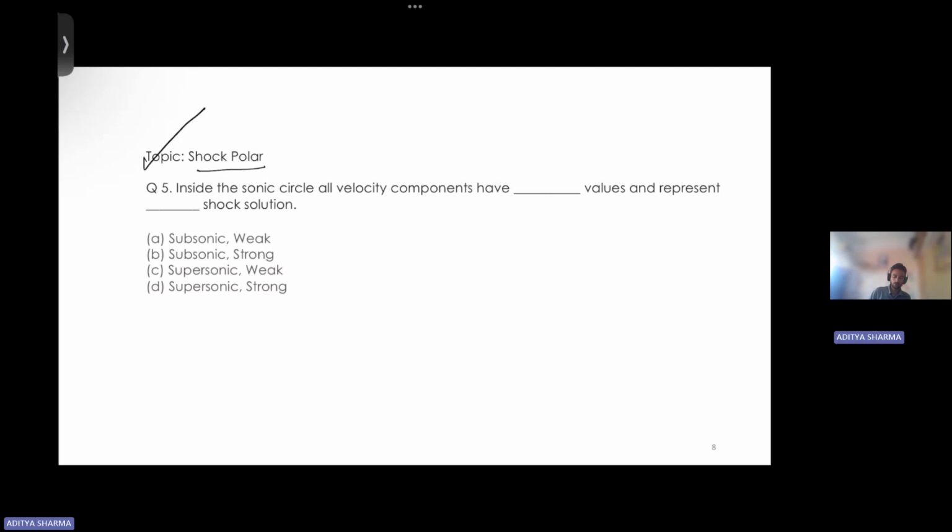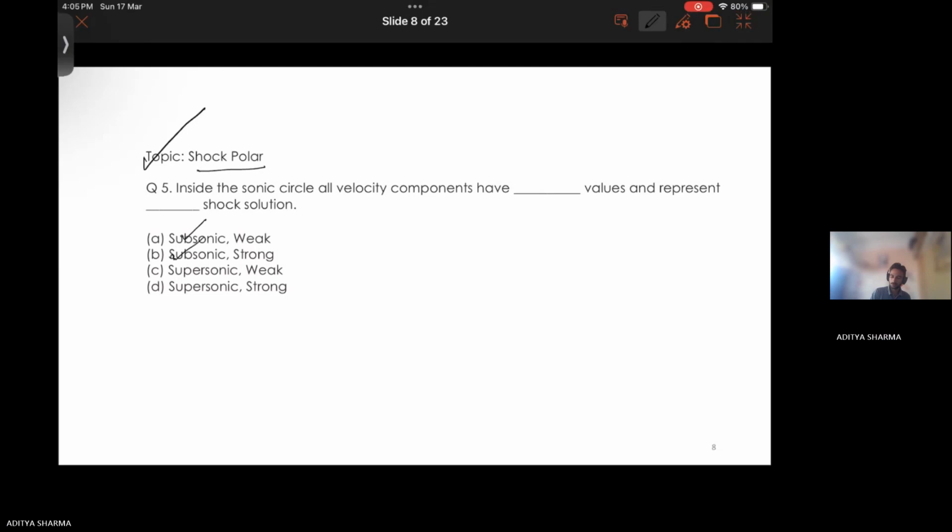We have 4 options, right? 4 different words have been used. Subsonic has been used, then supersonic, then weak, and then strong.